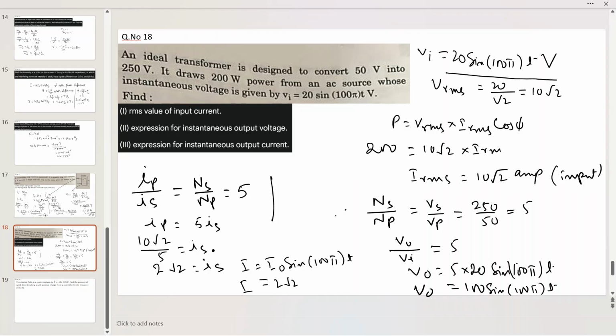So current in the secondary will be 2 root 2 sine 100 pi t, because this is your secondary current. Ip, the primary, is your input current, and Is is the output current.